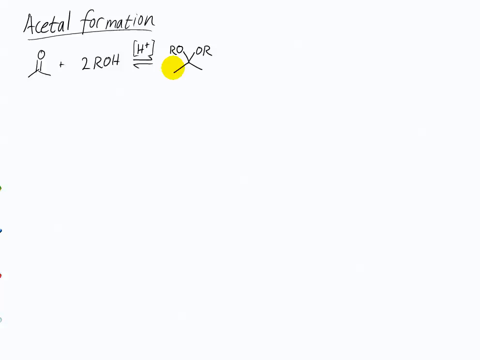A common acid that you'll see as a catalyst is TsOH, toluene sulfonic acid. That's like a tosylate but protonated. Right, so it's this thing.